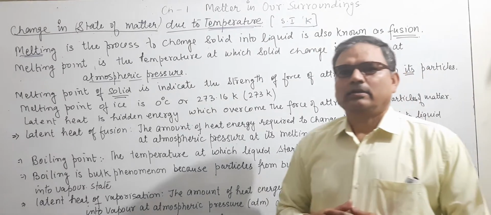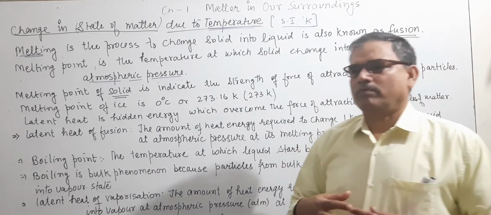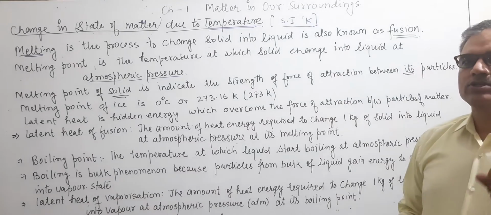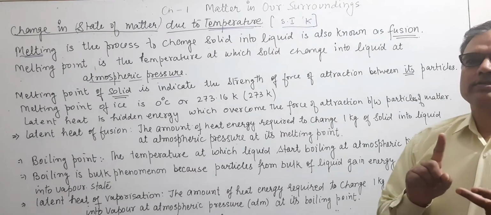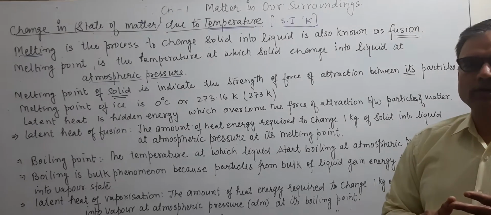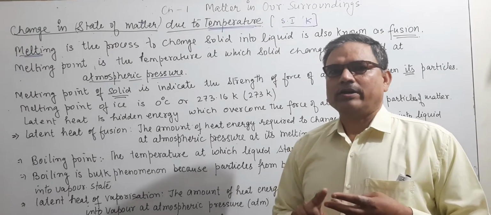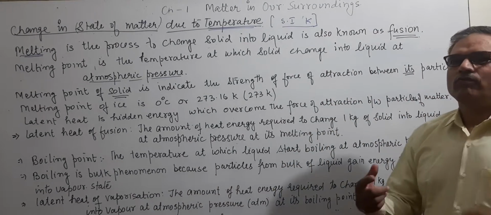And the third state of water is in gaseous form, in vapor form. It means water exists in three states: ice, liquid, and gas, which we can say is vapor.